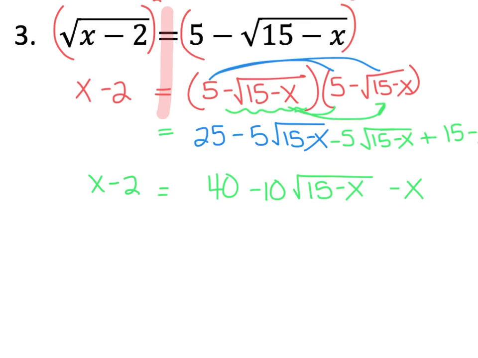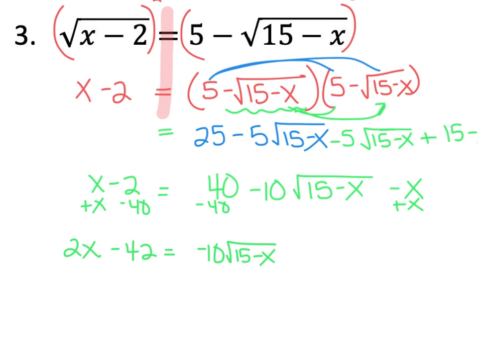I haven't completely gotten rid of all my radicands, but I'm going to start combining like terms. So I'm going to add x to both sides, and I'm going to subtract 40, which is going to give me 2x minus 42 is equal to negative 10 times the square root of 15 minus x.